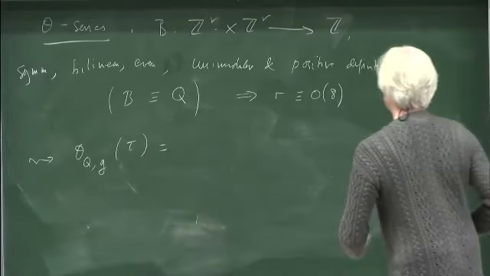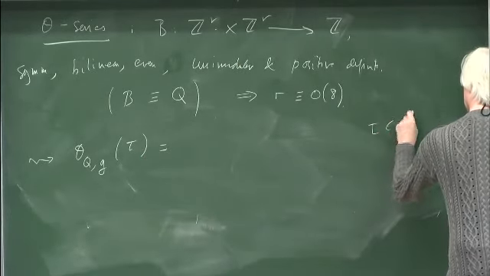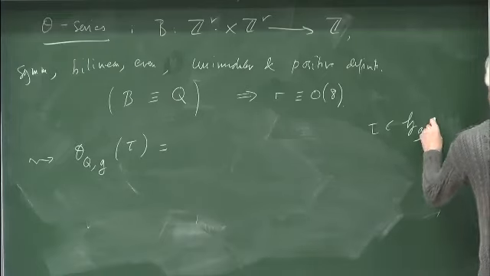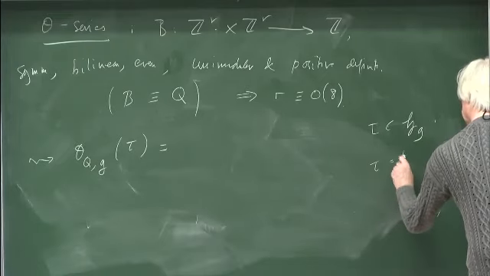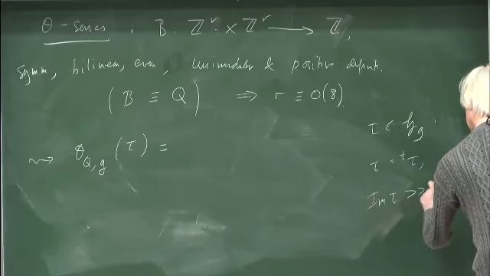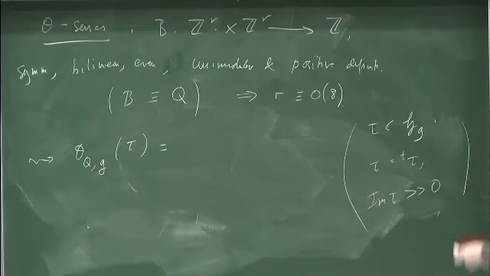So if tau is a period matrix, that means tau is a point in Siegel space, which means that tau is symmetric, and the imaginary part of tau is positive definite. This is the period domain for principally polarized abelian varieties.